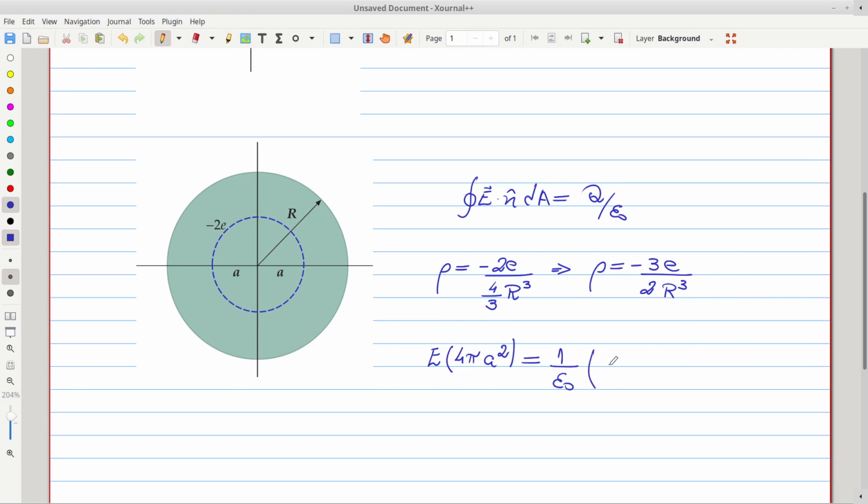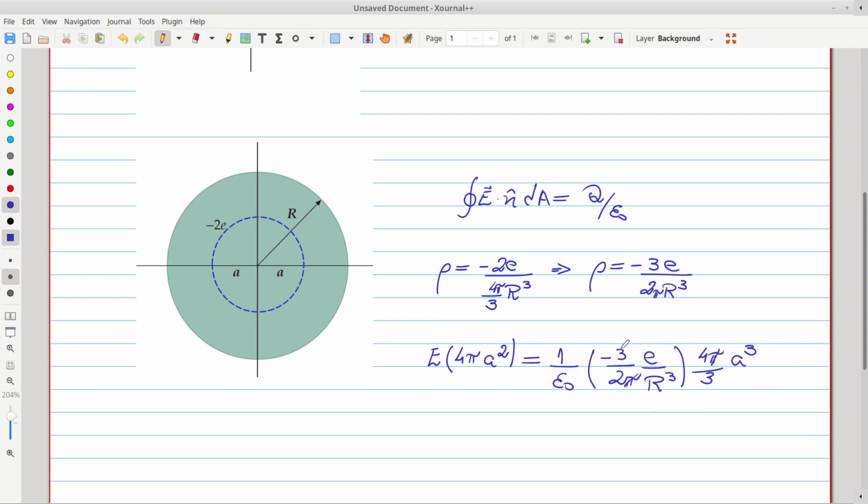So here you have minus 3e divided by 8 pi r to the third, multiplied by the volume, oops, I forgot something here, 4 pi divided by 3 a to the third.